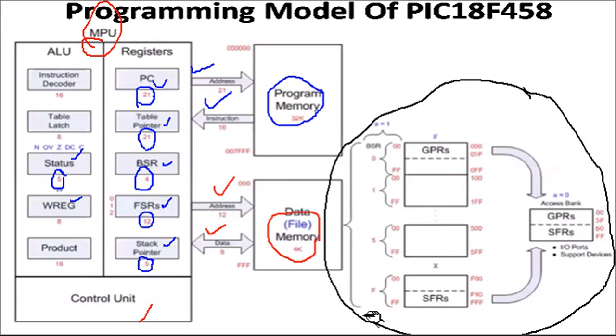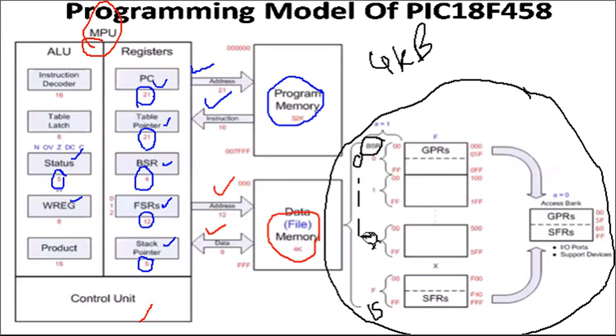We already know that we have the available data memory of 4 KB, and it consists of 16 banks. If you notice properly, this is the BSR showing bank 0, 1, 2, and so on, this is 5 and the last bank is F. It means this is bank number 15 and here you have bank number 0.